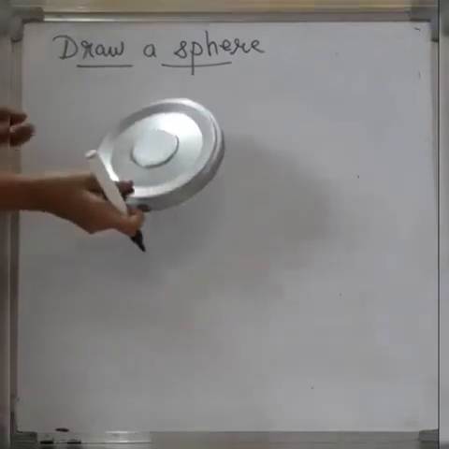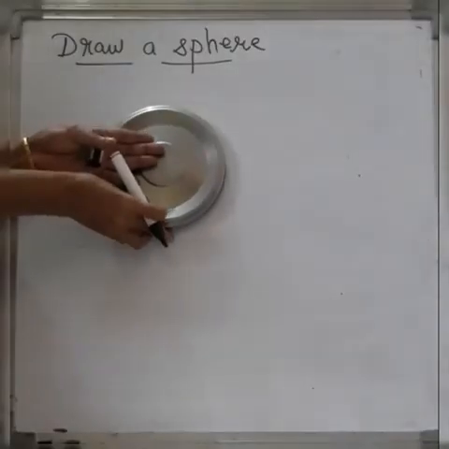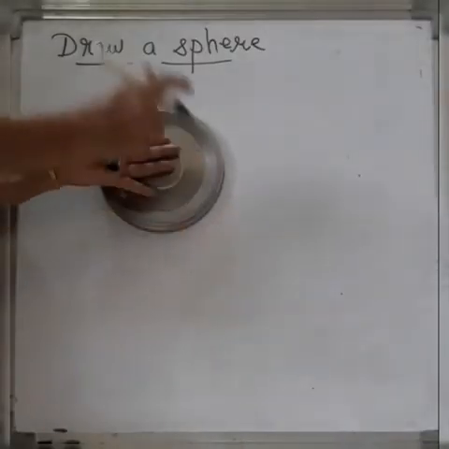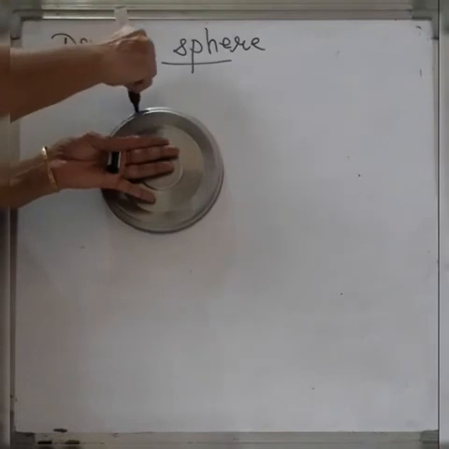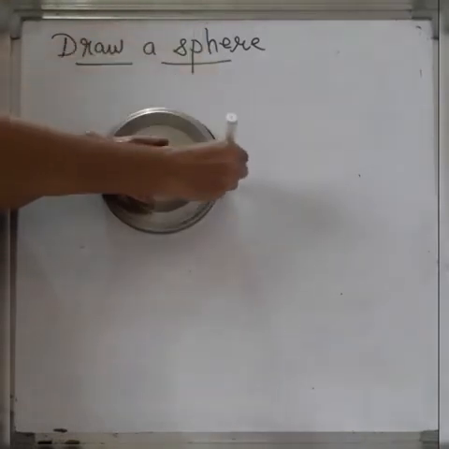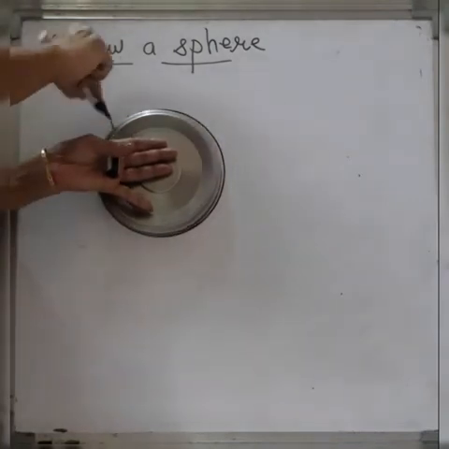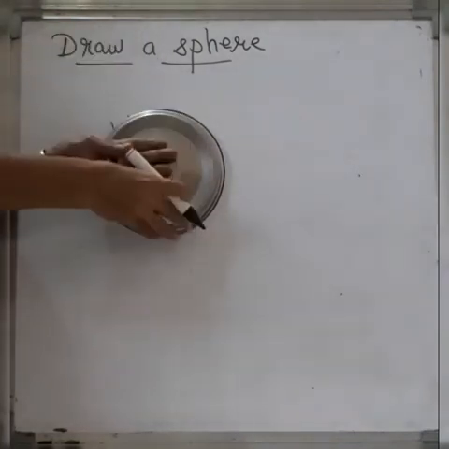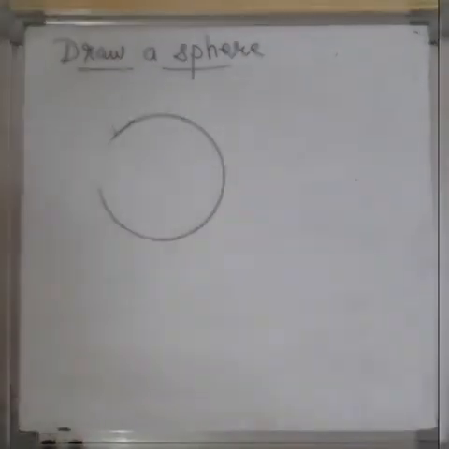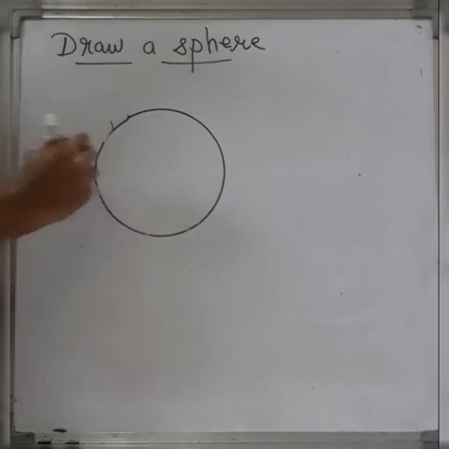See, take an object which has a curved surface and draw a circle in this way.